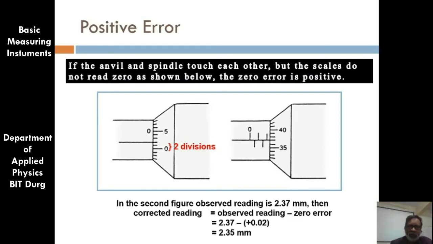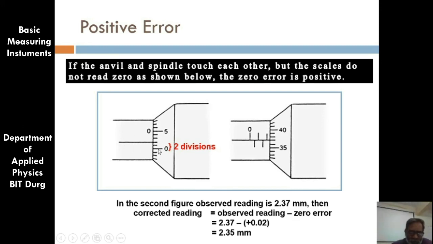Now, again we are going to talk about error in this specific case. As you see, this is the main scale or the pitch scale. This is the head scale or the circular scale. The 0, that is the reference line of the main scale, is here.